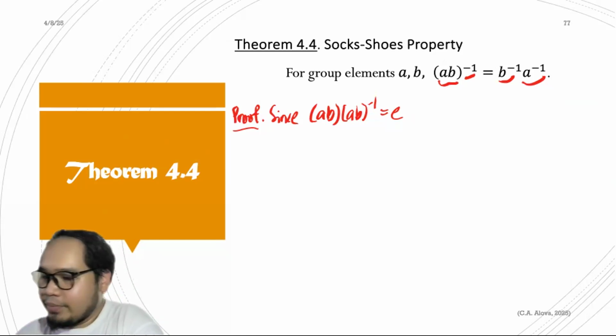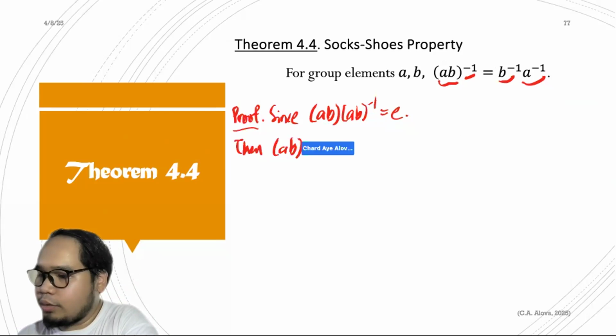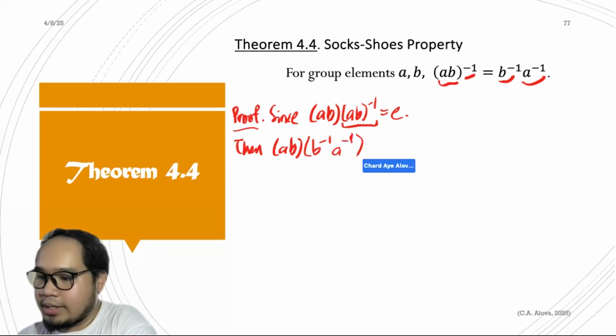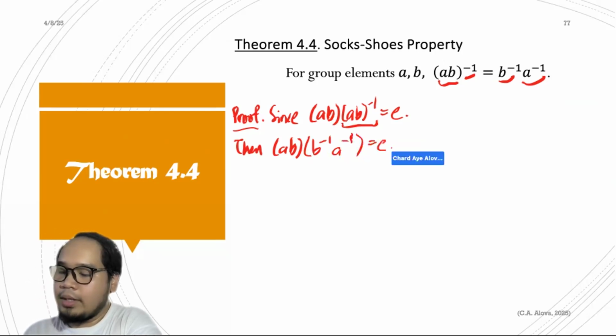So if ab times (ab) inverse is equal to e, we should be able to show that (ab) inverse is equal to b inverse a inverse. So ab times b inverse a inverse should also be equal to e. That's what we want to show.